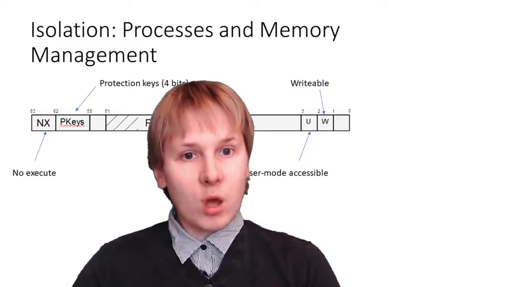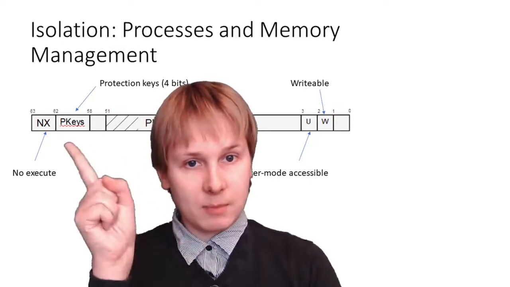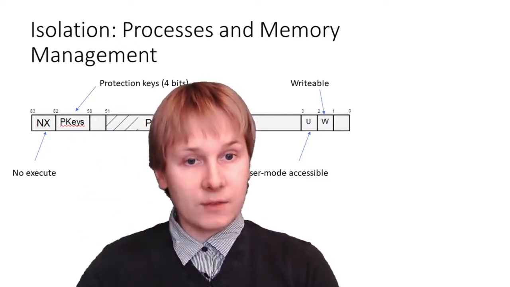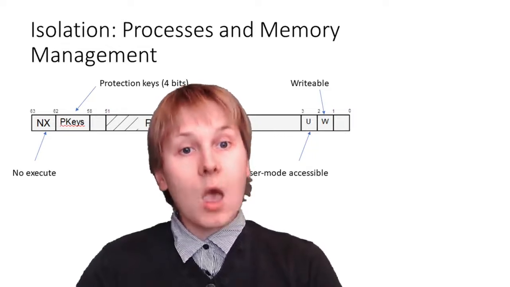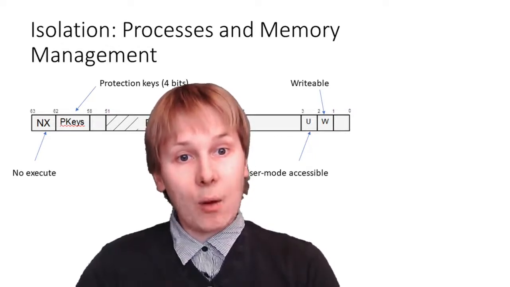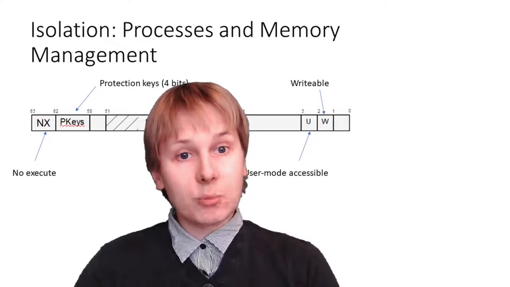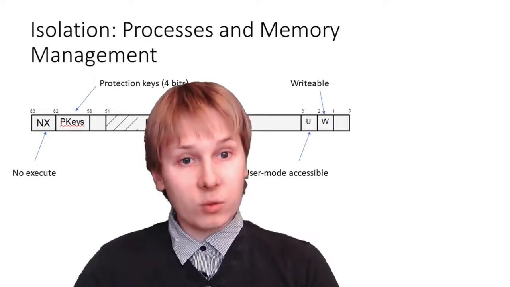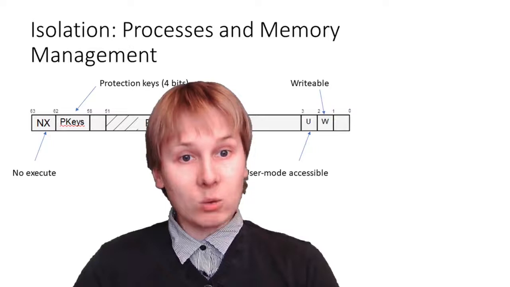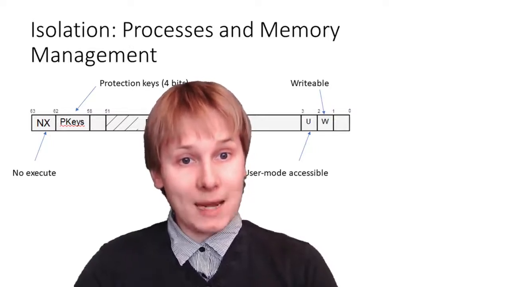Then, if you load in a page, and that page has this pkey value set to one of 16 different values, you look up that value in the register, and if the permissions don't allow you to do the operation you want, it fails. And what this is useful for is to allow hardware sandboxing inside address spaces, so that even with memory bugs, you can still protect different regions at different times just by setting this one value in a register, instead of walking through the entire page table and manually setting all the bits of every one of those pages.